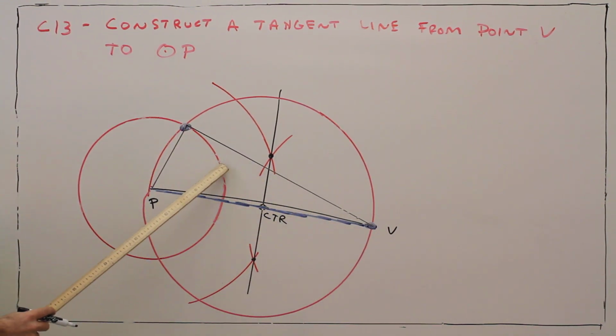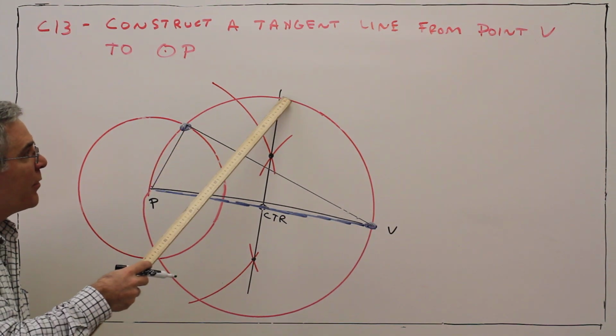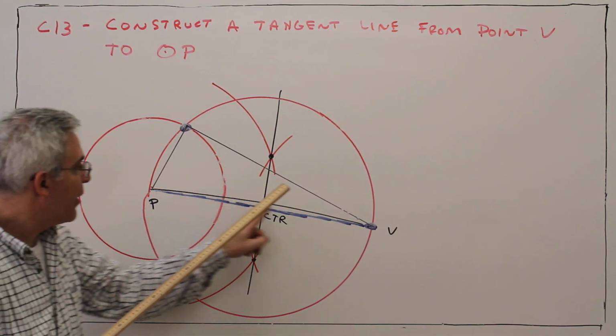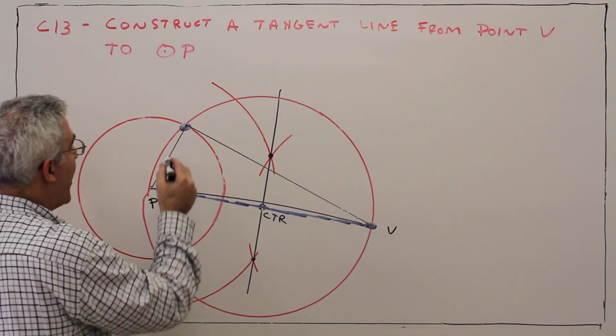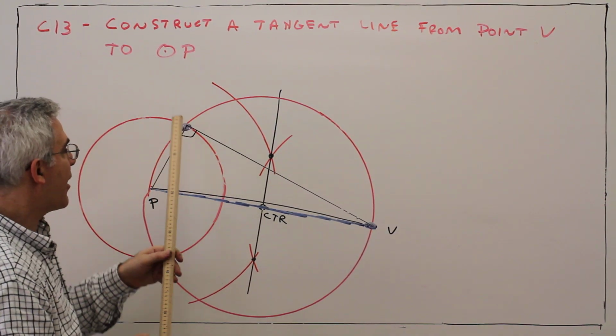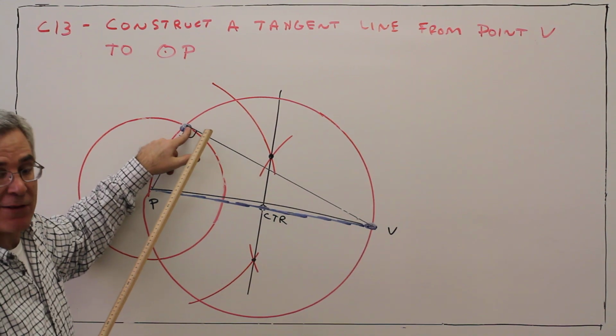This black triangle here is inscribed inside the larger circle, this being the diameter. So this angle here must be a right angle. And if this is a right angle, this must be the point of tangency.